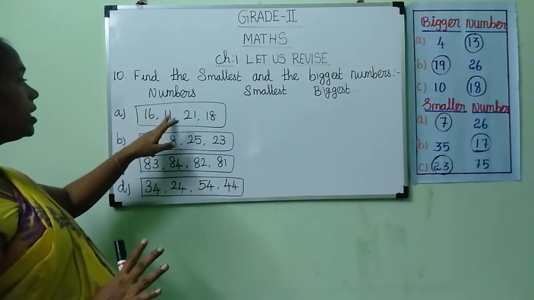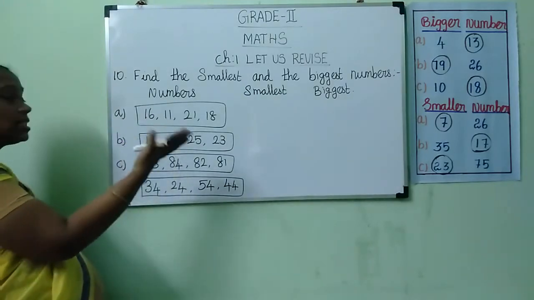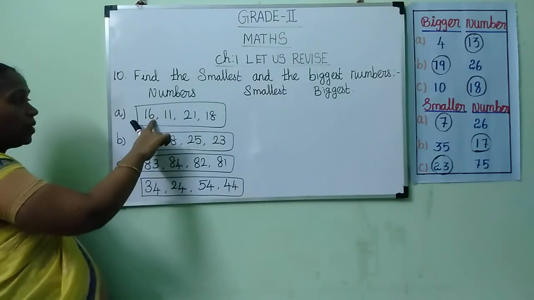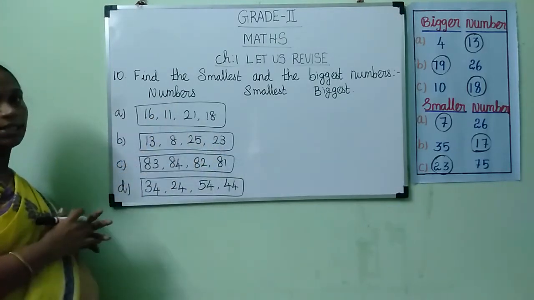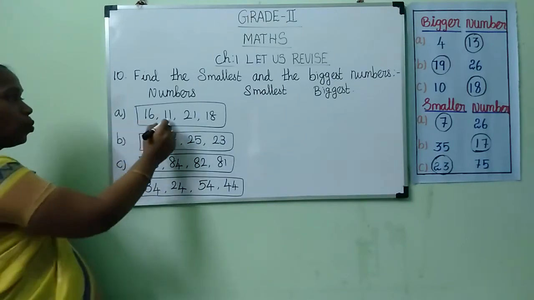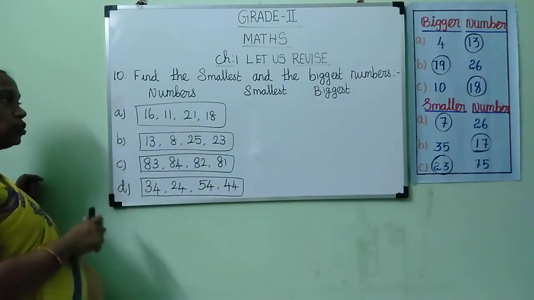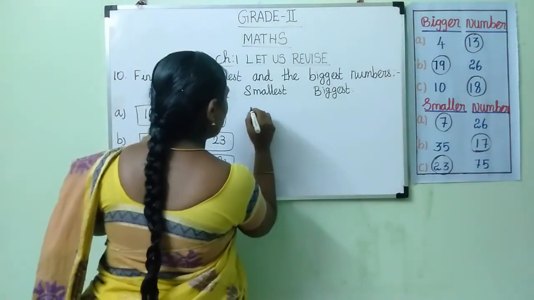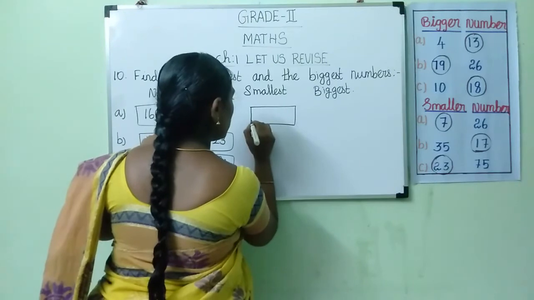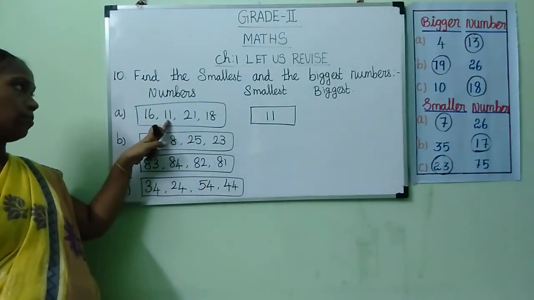Here three numbers have 1 in the tens place. So you see the ones place: 6, 1 and 8. Which number is the smallest? 6, 1 or 8? Yes, 1 is the smallest number. So you should write here smallest number 11. 11 is the smallest number.